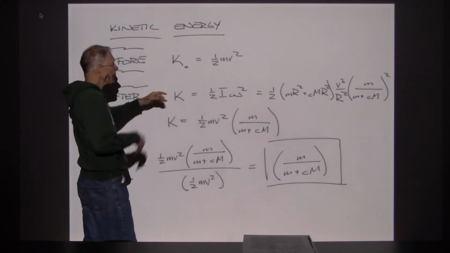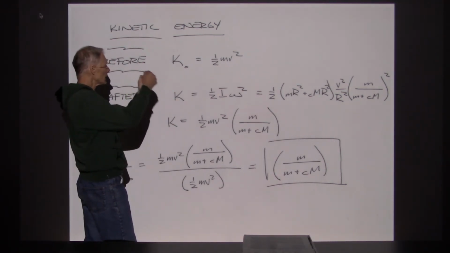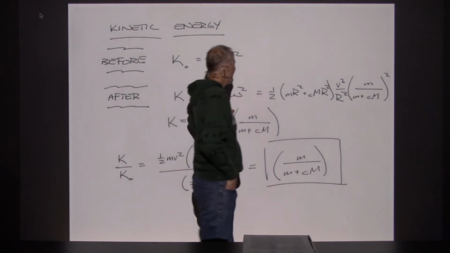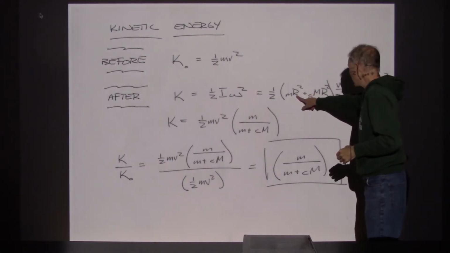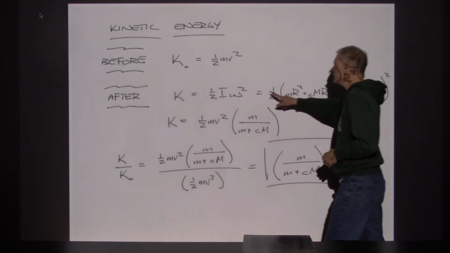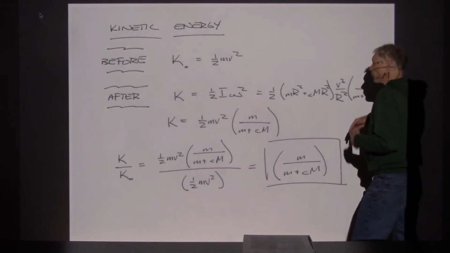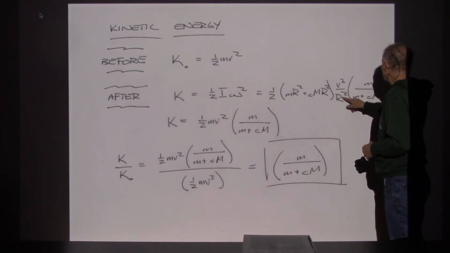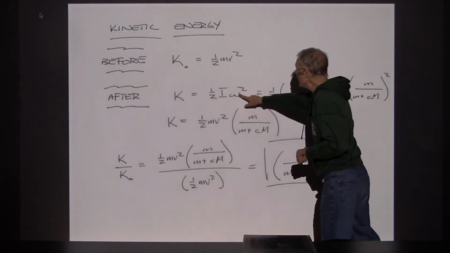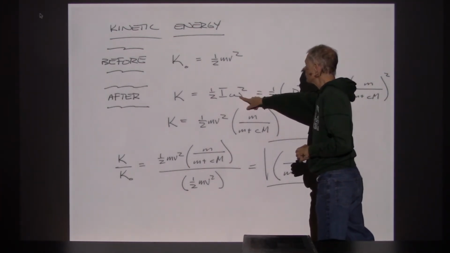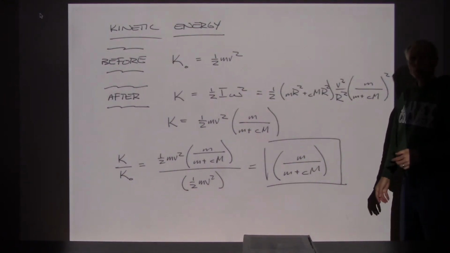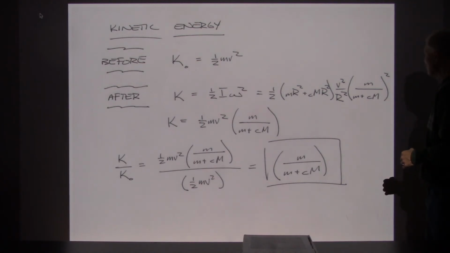The kinetic energy of that rotating system is going to be 1/2 I omega squared, where I is now mr squared plus capital M r squared, and the omega that we calculated was given by v over r times m over m plus capital M. So I took the omega that we calculated on the previous page and plugged that in. Okay, everything's there. I just have to be careful and step through the algebra and see what it's telling me.